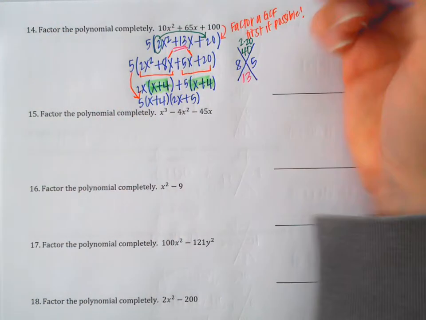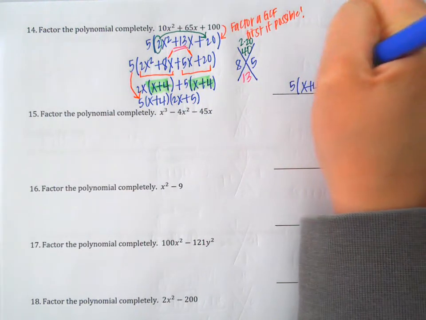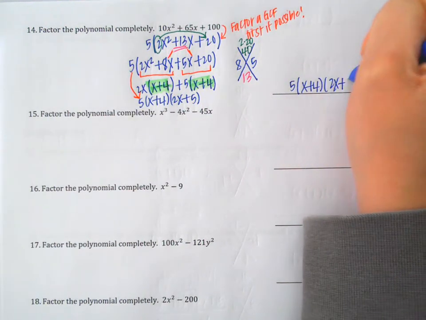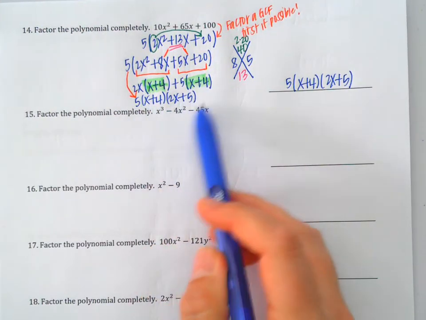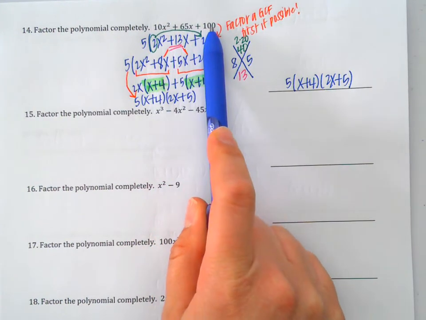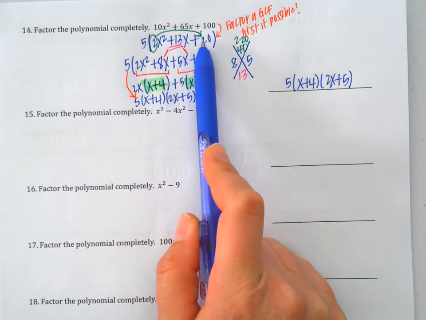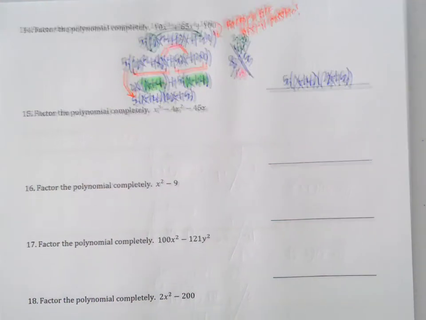So we have to write it there: 5 times x plus 4 times 2x plus 5. If you left it off and multiplied this back together, you wouldn't get 10x squared plus 65x plus 100. You would only get 2x squared plus 13x plus 20. So you've got to make sure, if I were to multiply that back together, would I get the same answer?